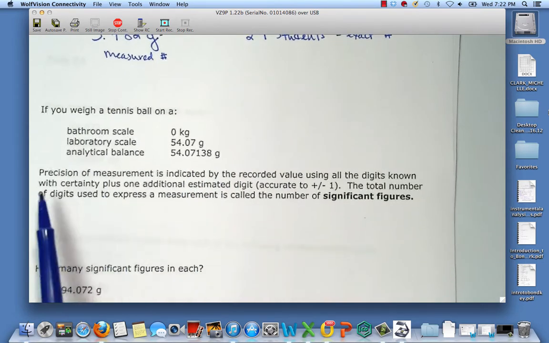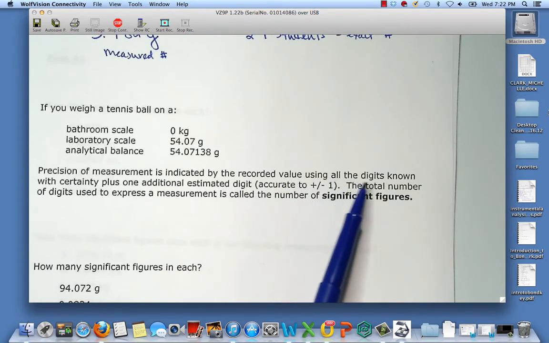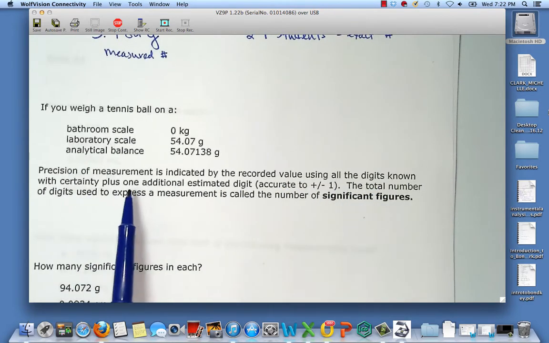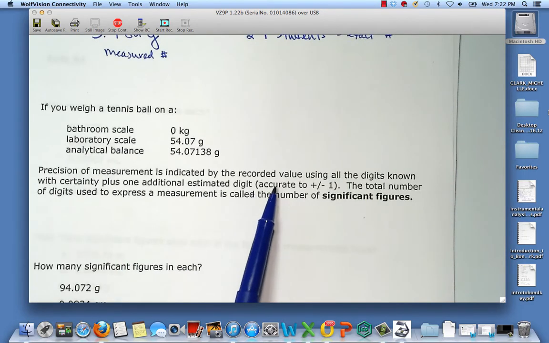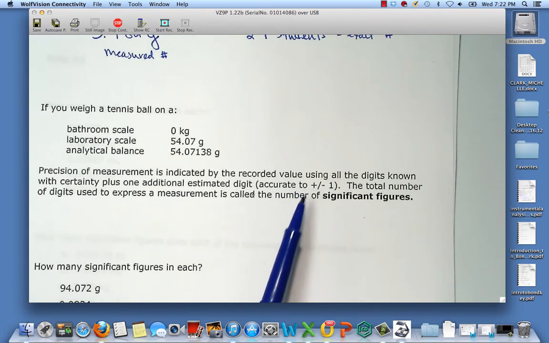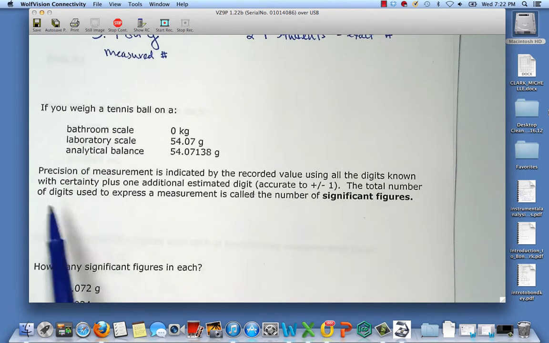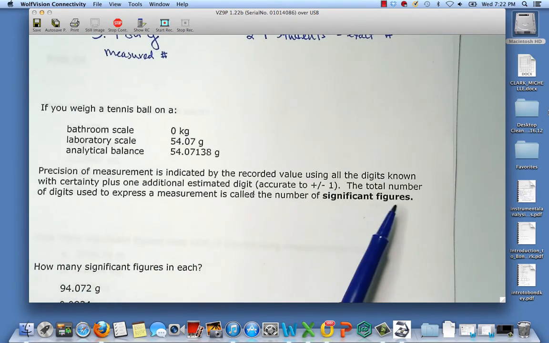So the precision of a measurement is indicated by the recorded value using all digits known with certainty plus one additional estimated digit. So that last digit is accurate to plus or minus 1. The total number of digits used to express a measurement is called the number of significant figures.